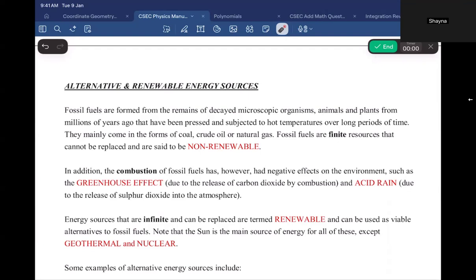In addition, the combustion of fossil fuels has, however, had negative effects on the environment, such as the greenhouse effect, due to the release of carbon dioxide by combustion, and acid rain due to the release of sulfur dioxide into the atmosphere. Energy sources that are infinite can be replaced and termed renewable, and can be used as viable alternatives to fossil fuels. Note that the sun is the main source of energy for all of these, except geothermal and nuclear.